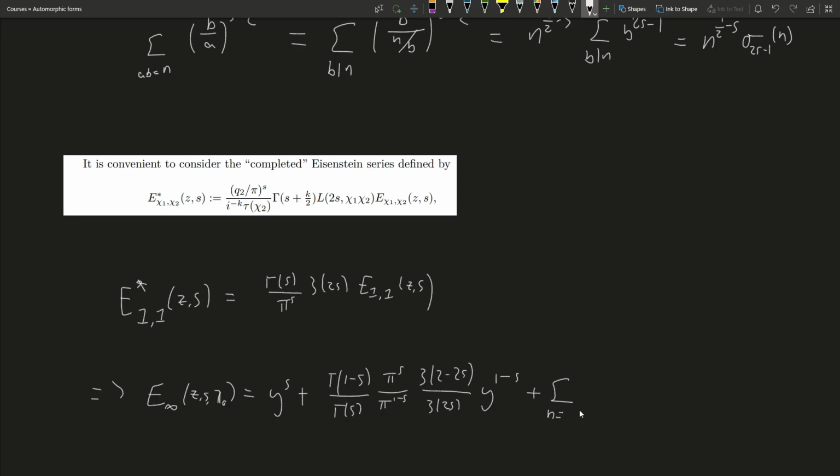Maybe it's better to factor out this term we get from completing. So the term that we get from completing, so we have a pi to the s over gamma s zeta 2s, sum n not equal to 0 of absolute value n to the 1/2 minus s sigma 2s minus 1 of n, and then times our Whittaker function.